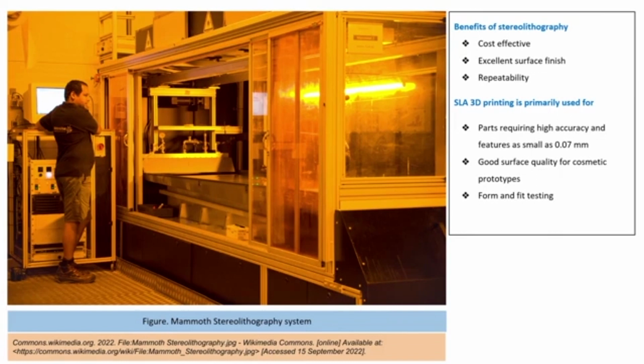Now, let us look at the benefits of stereolithography. This system is cost effective, certainly. It is producing excellent surface finish and the repeatability is very high. So, due to this, the laser based scanning process is popularly used. We can even manufacture parts of very small size, say 0.07 mm.